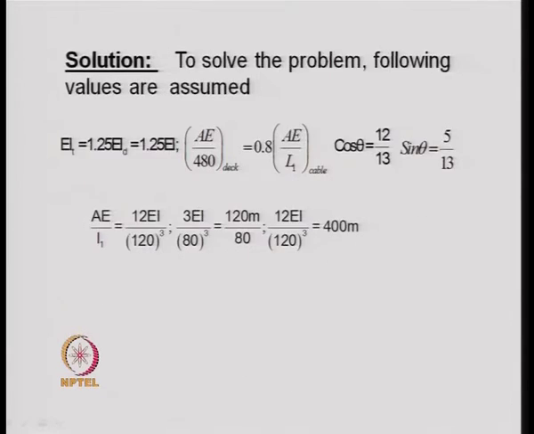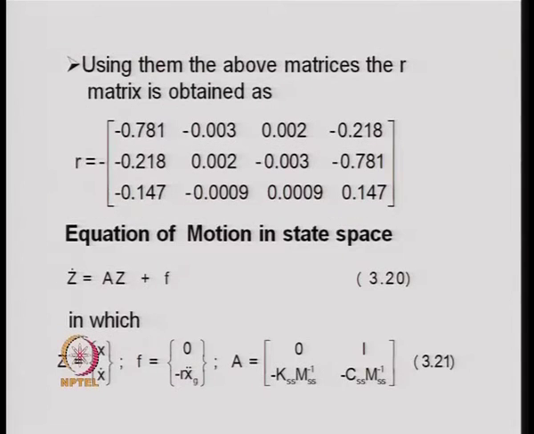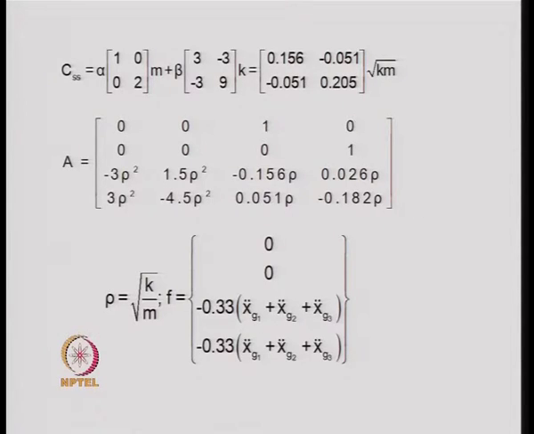Using this value of r, one can obtain the value of f, that is minus 0.33 into x double dot g1 plus x double dot g2 plus x double dot g3. That is what we observed before, that all the three ground accelerations equally influence the non-support degrees of freedom. So, that is how the terms of the load vector are generated.